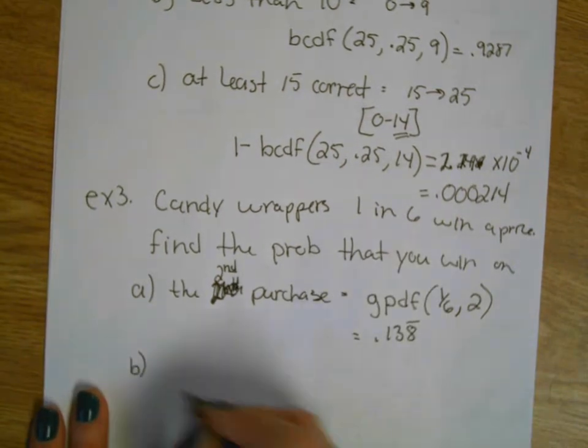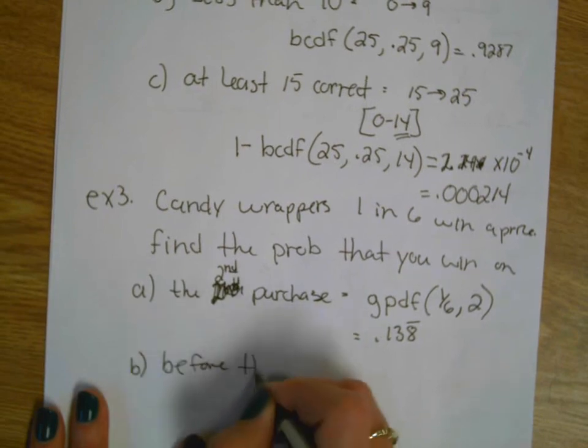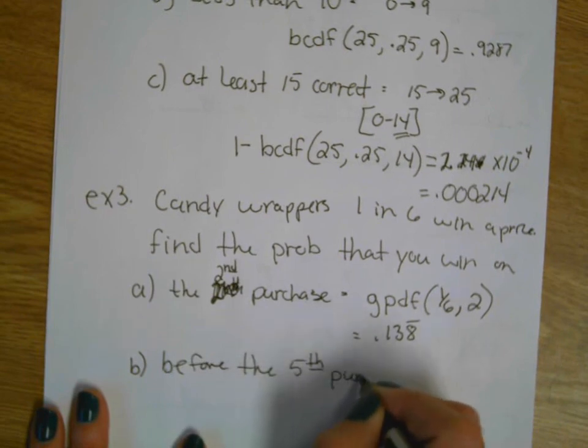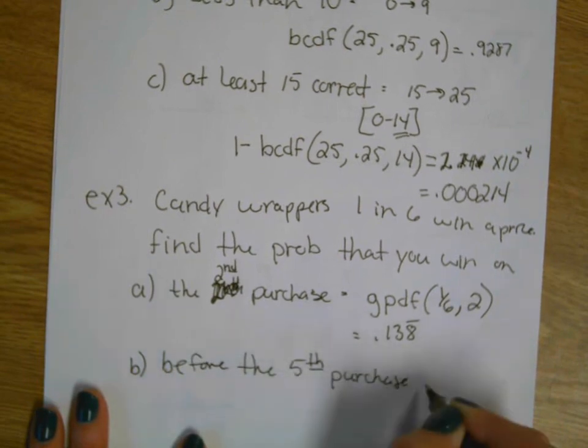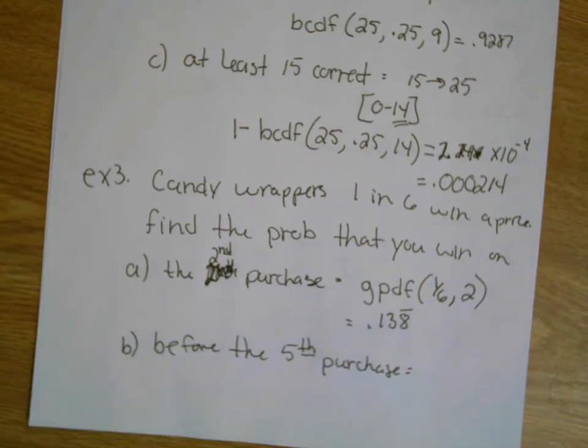What about before the 5th purchase? Before the 5th purchase means which purchases are we looking at? 1 through 4.